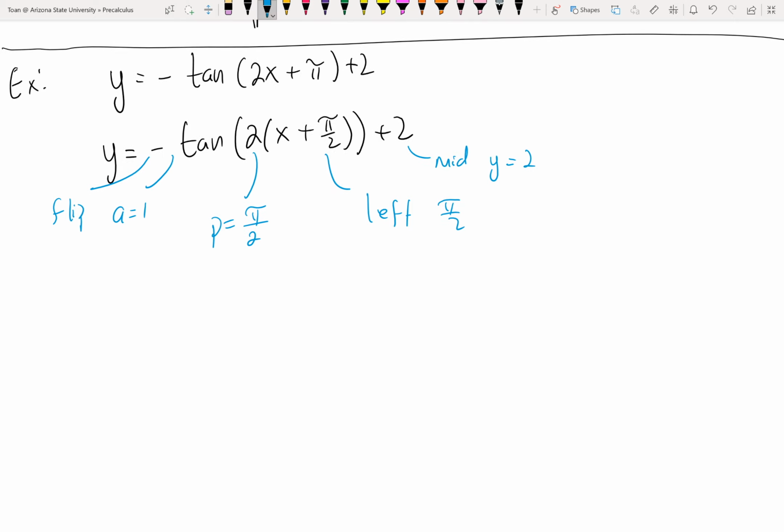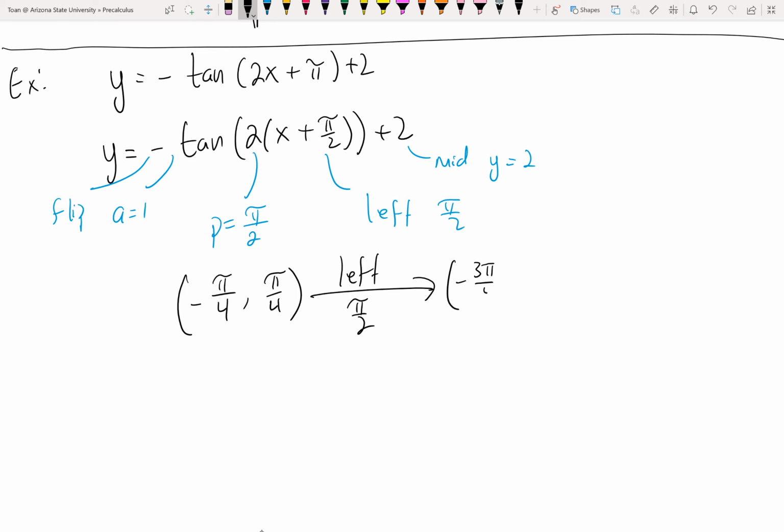So since my period is π/2, my interval will be negative half of that. So half of a half is a fourth, comma, the positive. But I have a phase shift of left by π/2, which means if I do some quick subtraction, that's going to be negative 3π/4, comma, negative π/4.